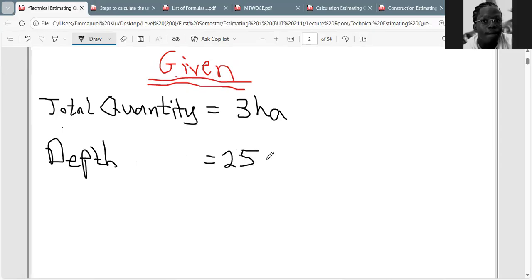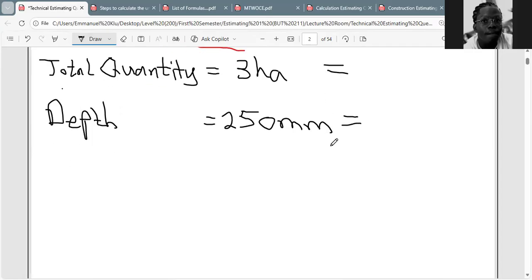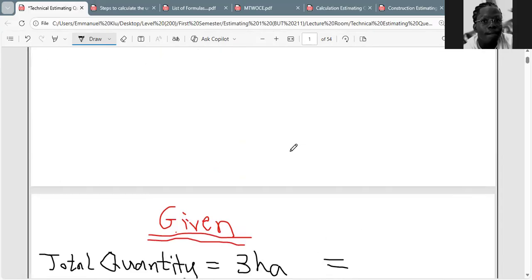All these values, we have to convert them. But you have to know that 1 hectare, 1 HA, is equal to 10,000 meters squared. This is something you have to jot down. You already know, so I don't have to talk plenty.